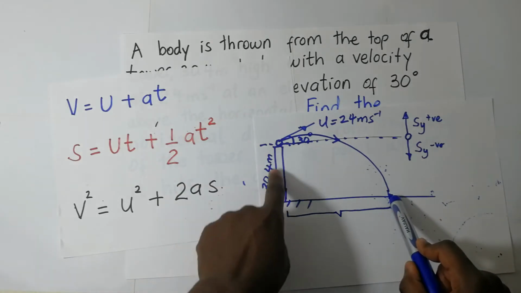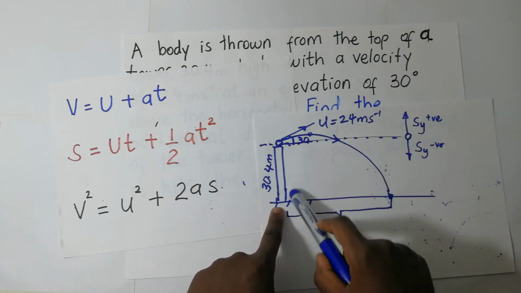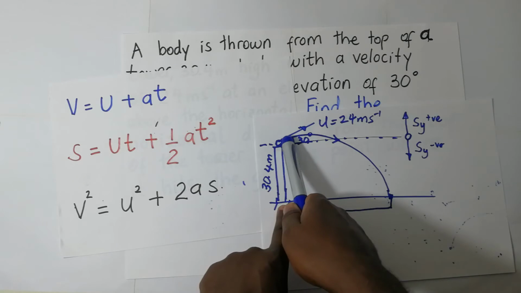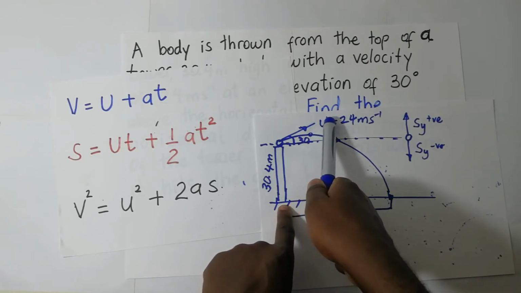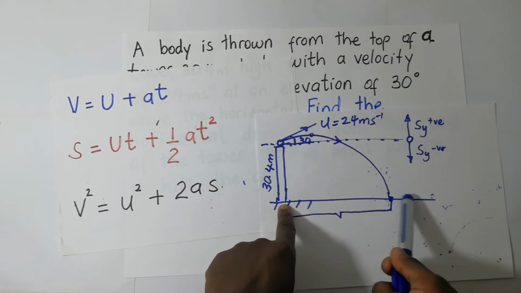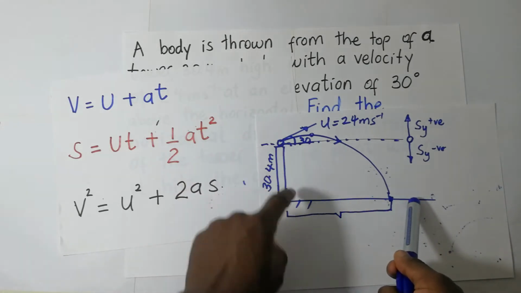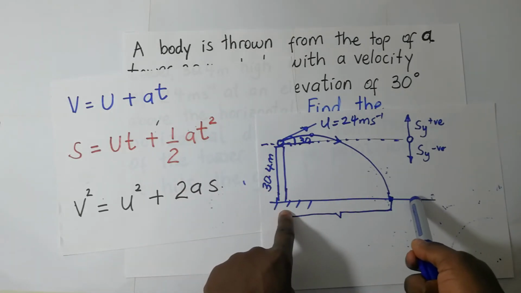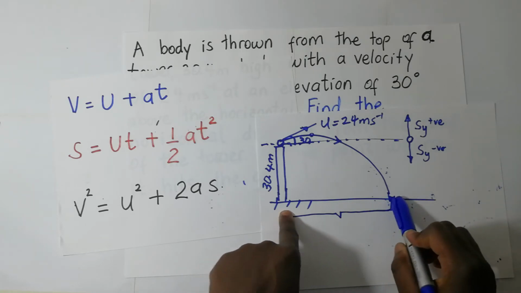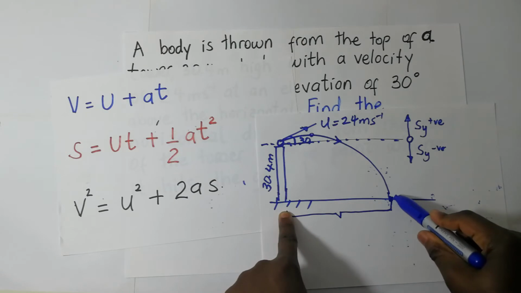Why? Negative 30.4. Because this tower is 30.4 meters tall, it means this point, it moved up, positive displacement, then it came down and went downwards to the ground by 30.4 meters. In other words, its displacement at the time it hits the ground is negative 30.4 meters.